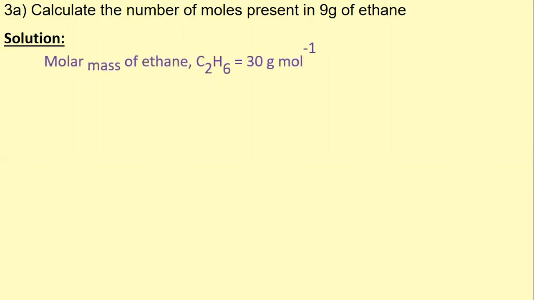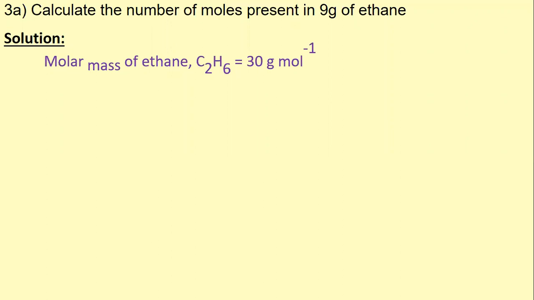Now, based on the data given in this question, the molar mass of ethane, which is given by C2H6, is 30. You all know how to calculate the molar mass, right?